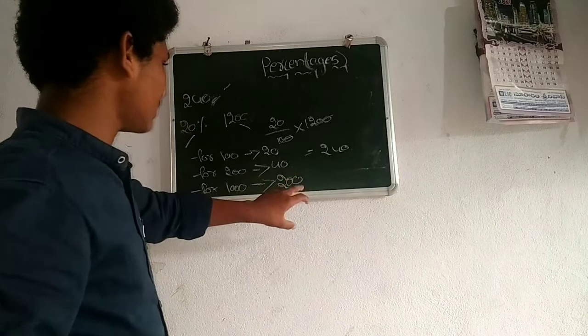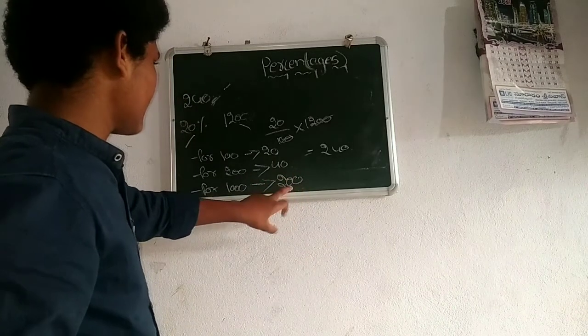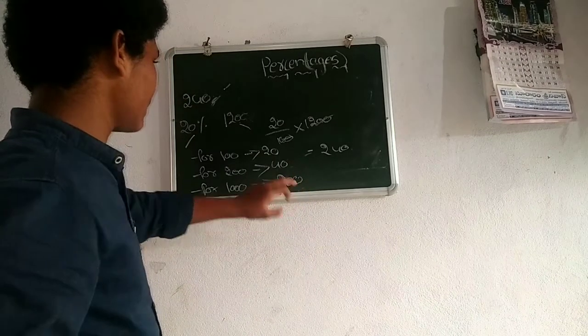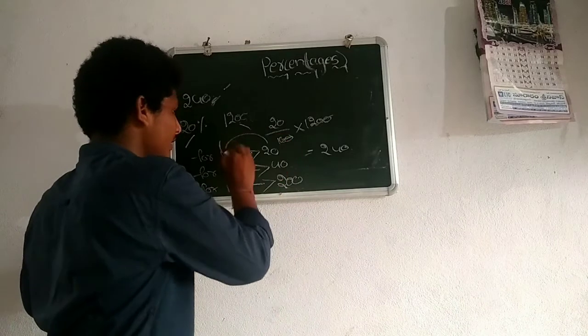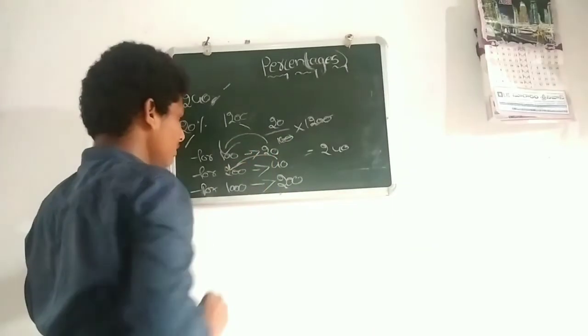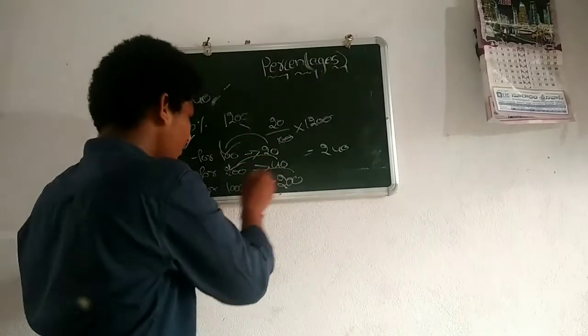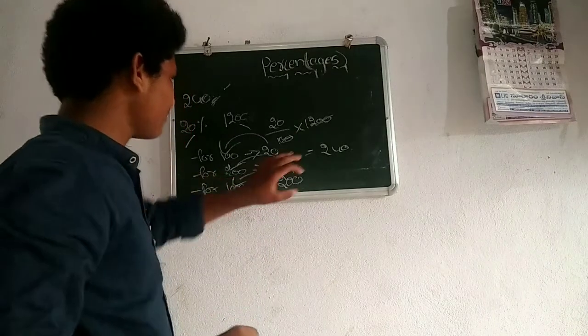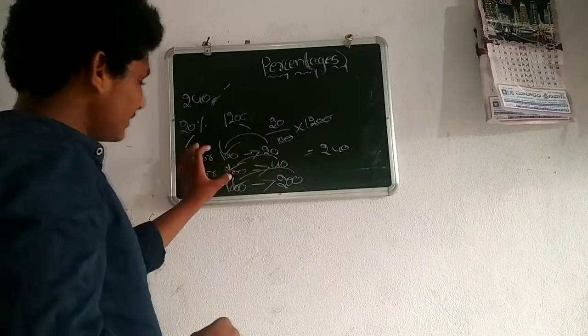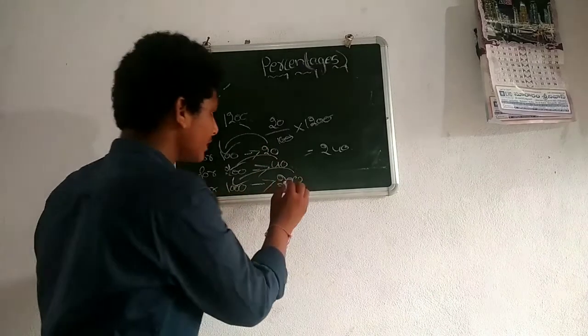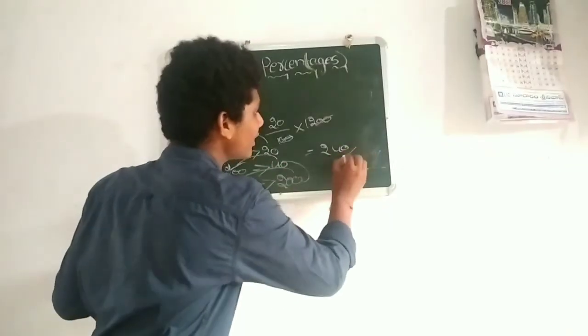For 1000 we have got here 200. For 20, for 40, 200. For 200 we got here 1000. I have given it in a reverse way. We got here 240.